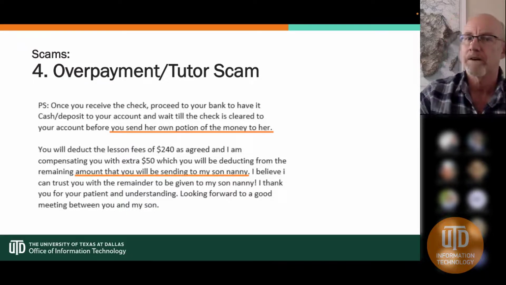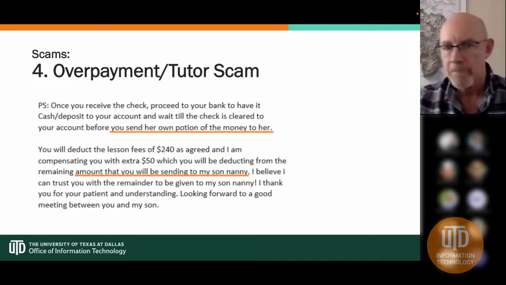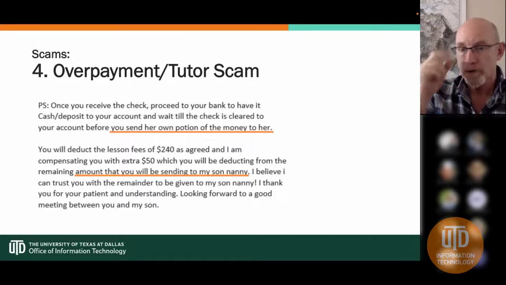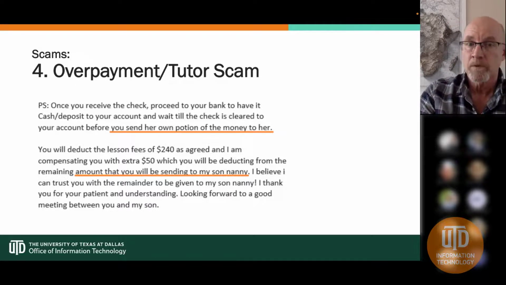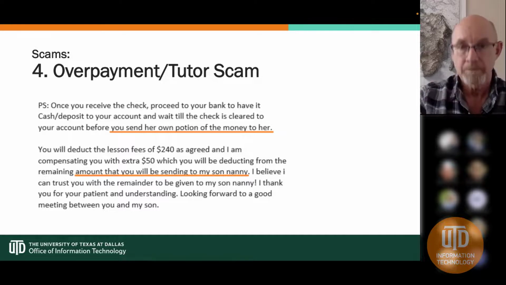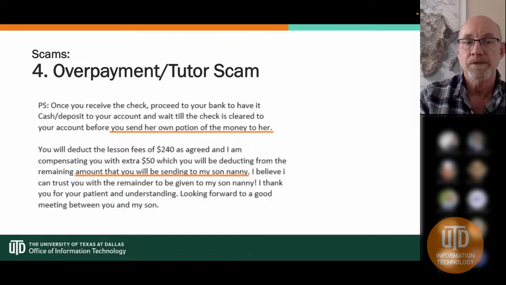Facebook is full of this kind of thing, for example. Hey, that bike, I know you wanted $1,000 for the bike, but I'll give you 1,500. As soon as you see somebody offering you more money than you asked for, guaranteed it's going to be one of these things, the overpayment scam.